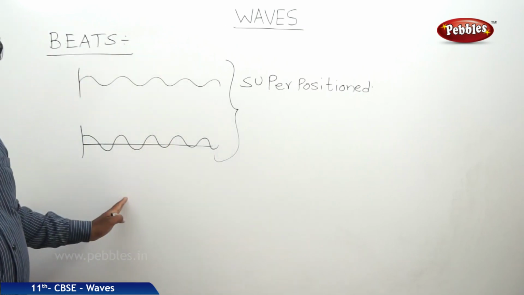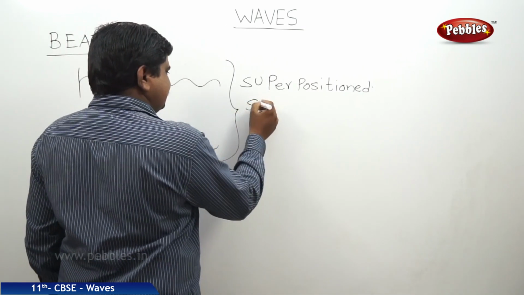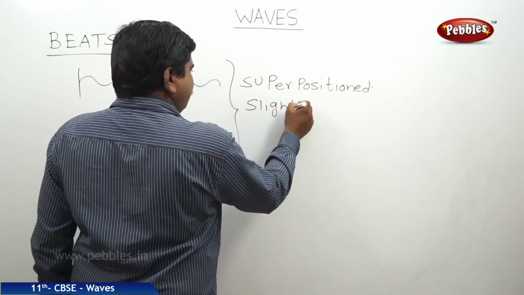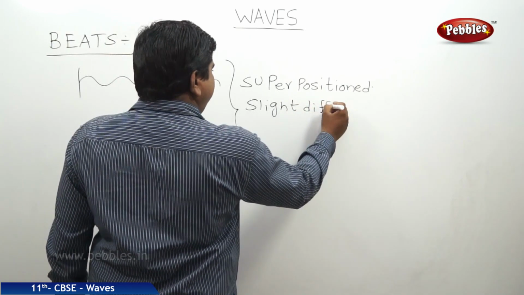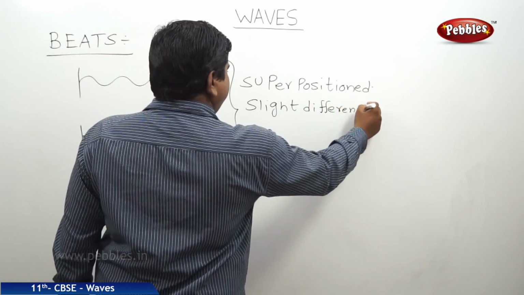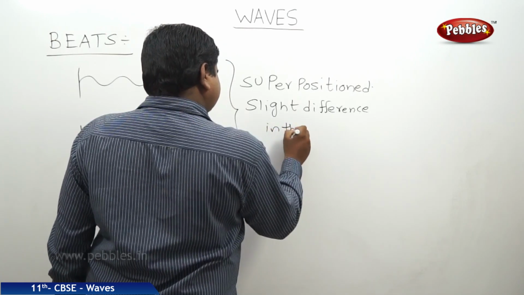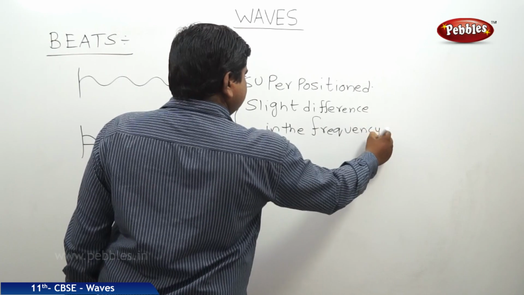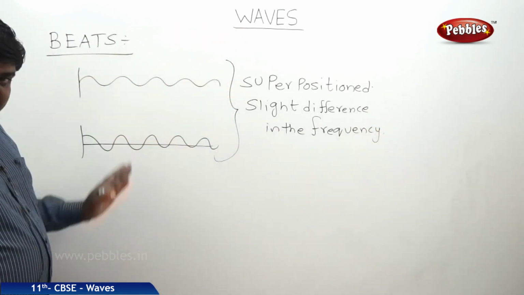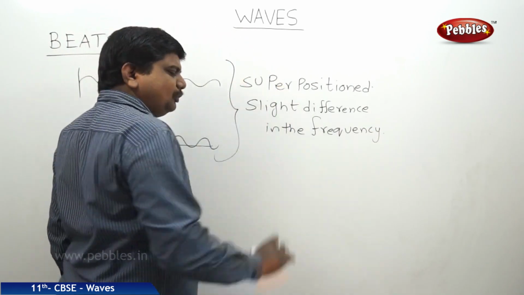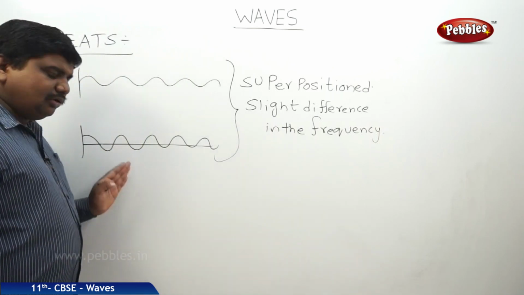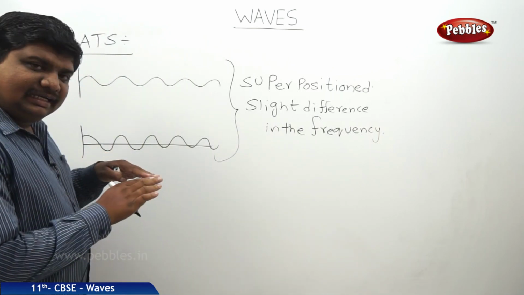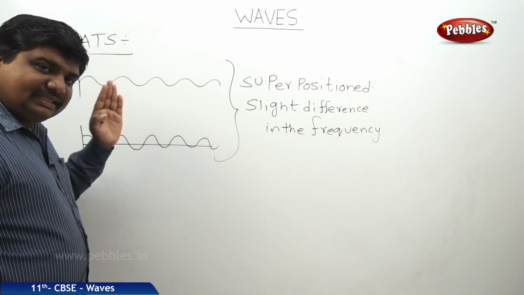When these two waves of slight difference in frequency move along the same direction and are superimposed on each other, at one point they interfere with each other and the intensity is maximum.